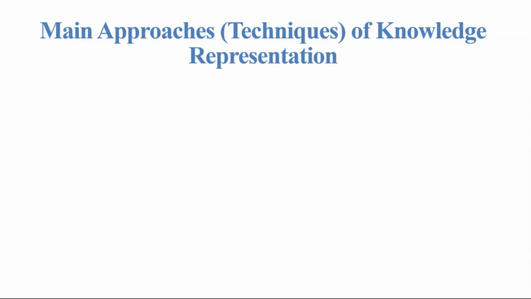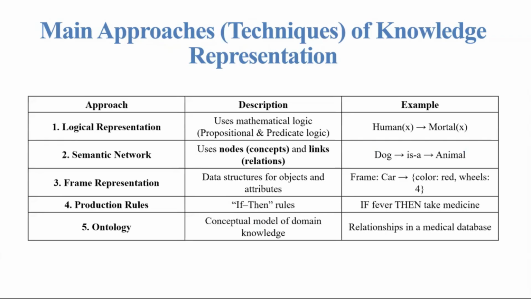These methods are called knowledge representation techniques or approaches. Some of the popular techniques include logical representation, semantic networks, frame representation, production rules, and ontology. Here we are going to study each of these techniques one by one.